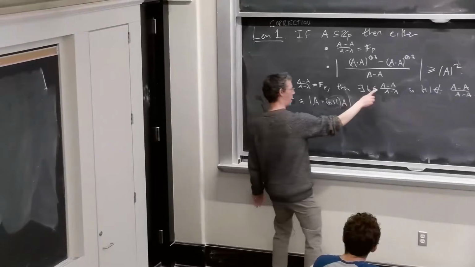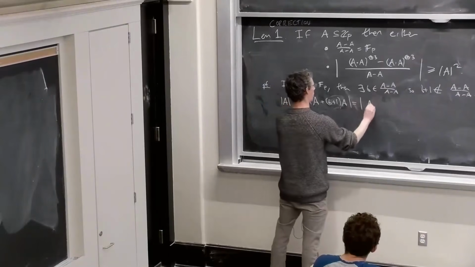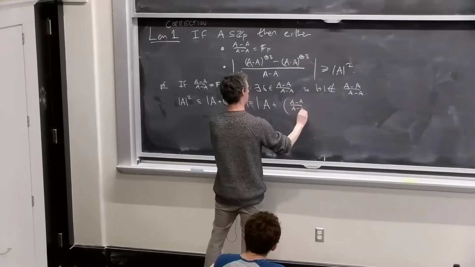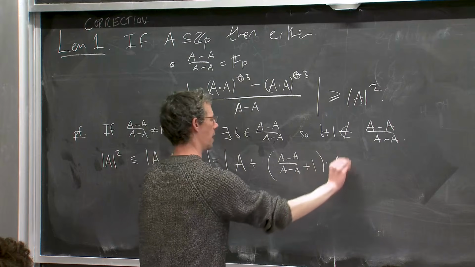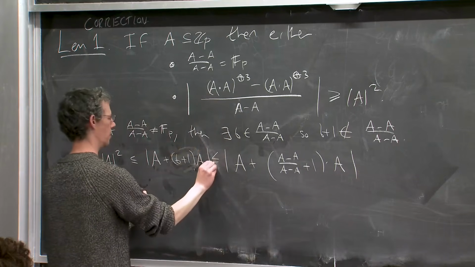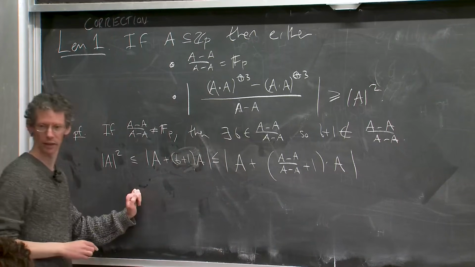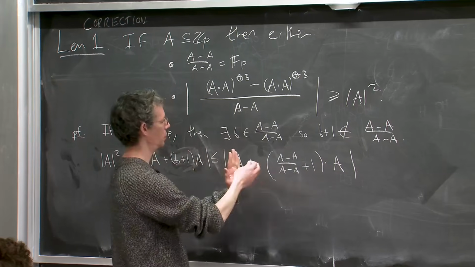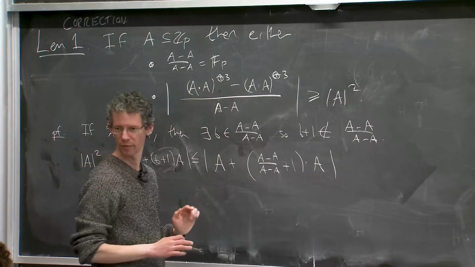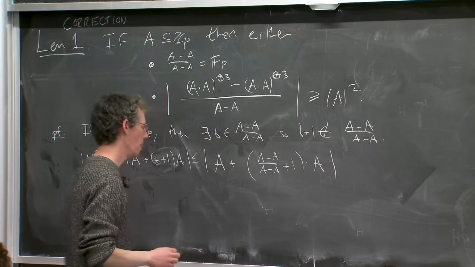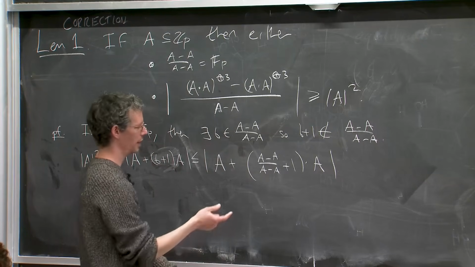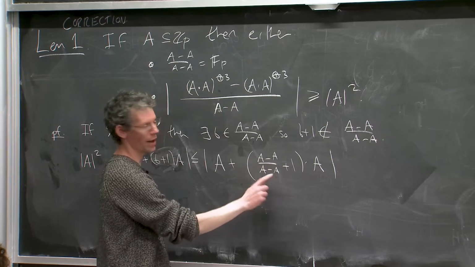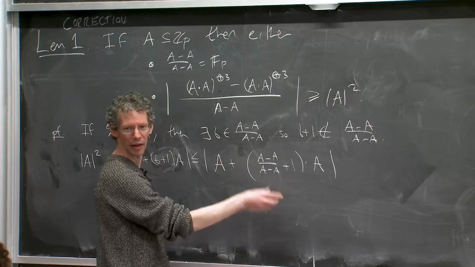But B by hypothesis can be written this way. So now we have A plus A minus A over A minus A plus 1 times A. This is less than or equal to the size of this thing. And then now you just expand out this thing, and if you expand it out, you get this. Now, what I did wrong before is I said we can multiply by A minus A and move it.